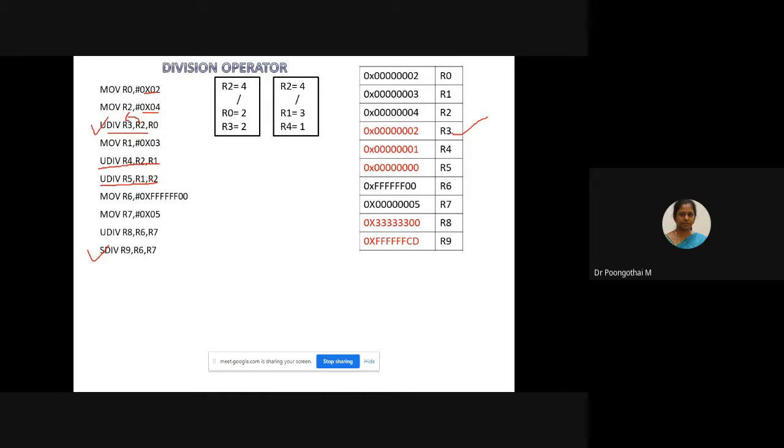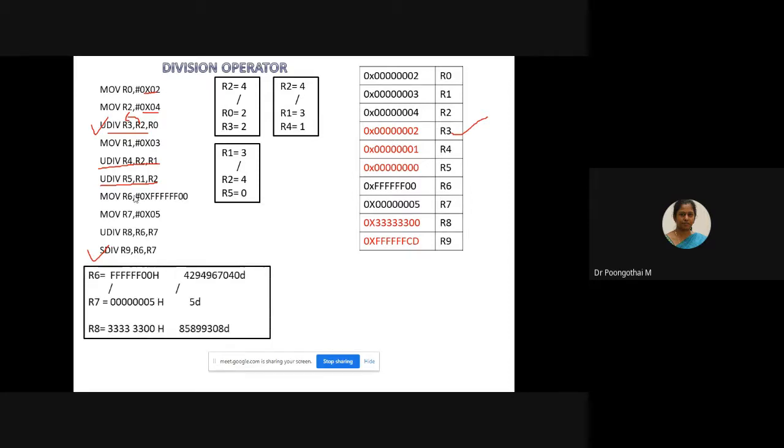R1 is 3 and R2 is 4. 3 by 4, what is the result? 0. The result of 3 by 4 is 0.75. We get a fractional value, but the fractional part of the result is discarded. So 3 by 4, the answer will be 0. After execution, your R5 holds 0. Yes, ma'am.